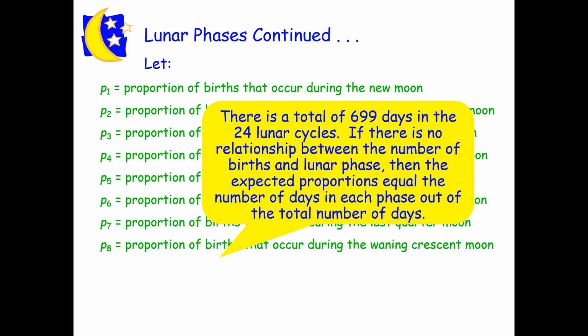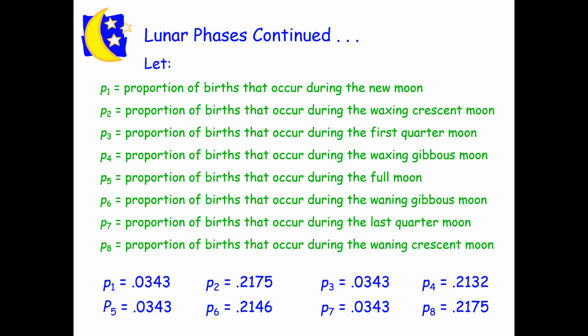Now there are a total of 699 days in the 24 lunar cycles. So if there is no relationship between the number of births and the lunar phase, then the expected proportions equal the number of days in each phase out of the total number of days, as we see here. Remember, we got these values from our table that we used to calculate these.